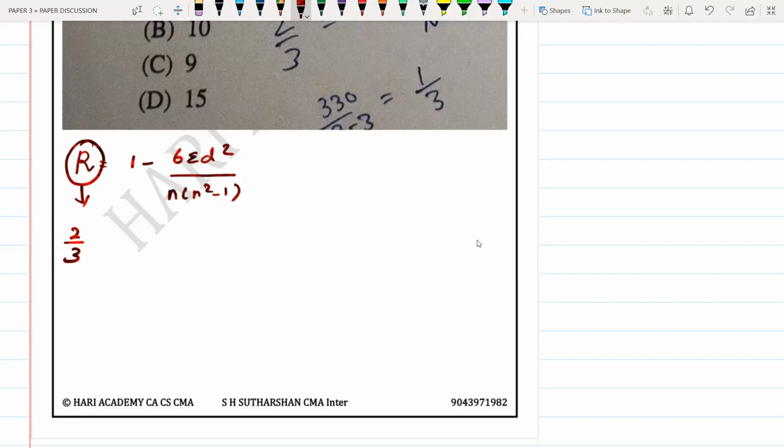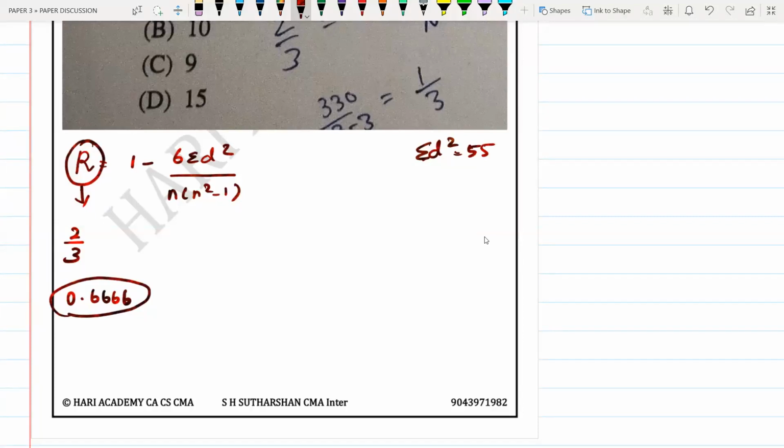I need my left-hand side to be 2 by 3. On the calculator, the decimal value is 0.6666 up to 4 decimal places. This is what I need to get when I compare with my right-hand side. Summation d square is 55, and the n value I don't know.